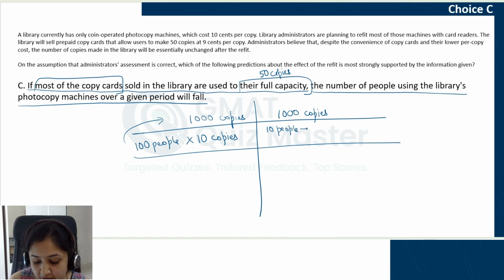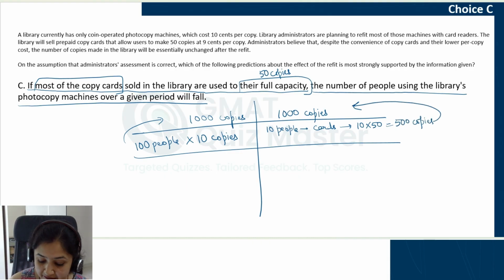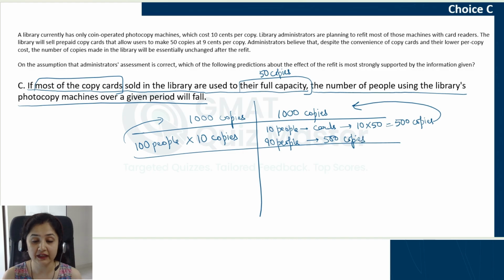And because we are assuming that they are using the card to their full capacity, it means that they are accounting for 500 copies out of these 1000 copies. Now, the question is that can the remaining 90 people not take 500 copies in all? Do we necessarily have to reduce this number to meet this requirement of getting 500 more copies?